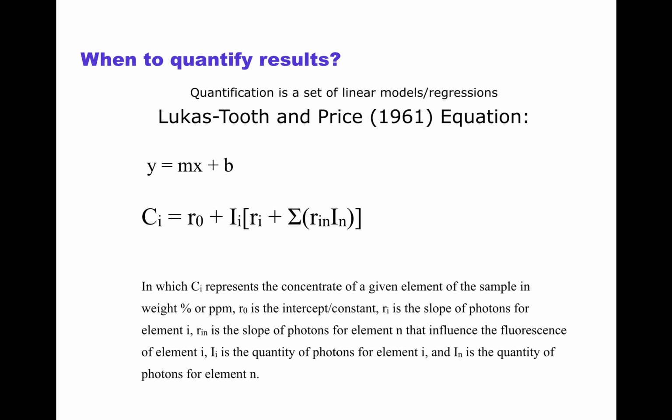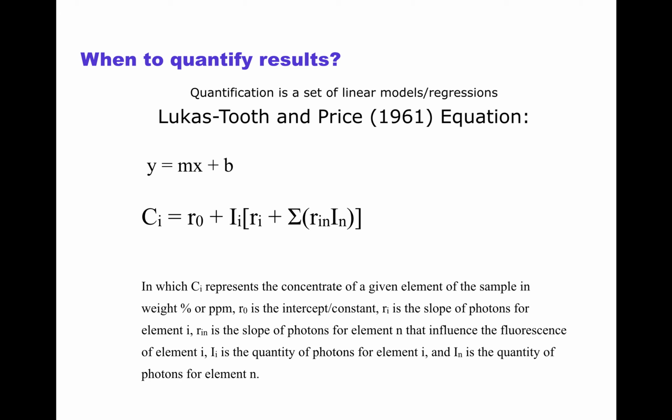R0 is the intercept or constant. Ri is the slope, and capital I is the number of photons. You see the sigma sign, Greek, which stands for sum, and then in parentheses Rin and In. This is the introduction of another element's variation into this equation. It's essentially y equals mx plus b with a little bit of elaboration.